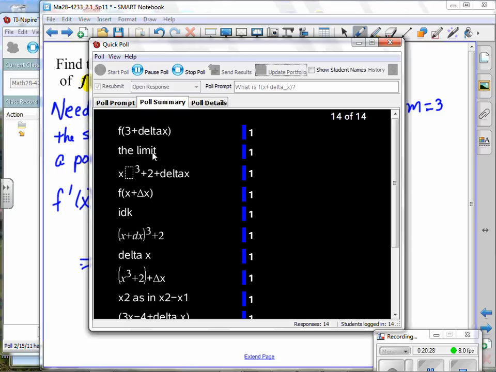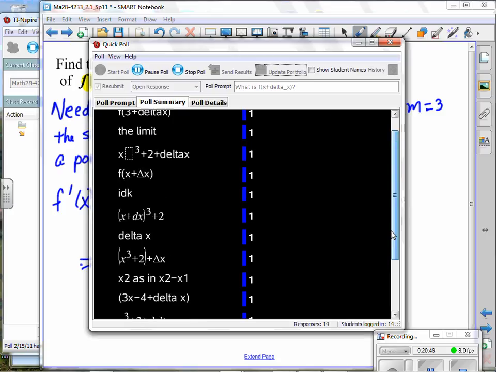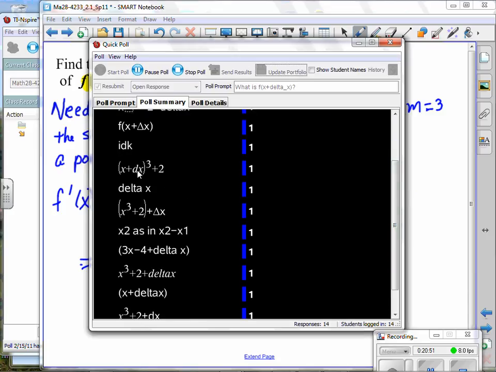I asked you to do a portion of that fraction, so it's not the limit. X cubed plus 2 plus delta x, I don't think that would be correct on that. No, I gave you that. You can't give it back to me, okay? This is the problem. If we don't know what that is, we have a huge, huge problem.